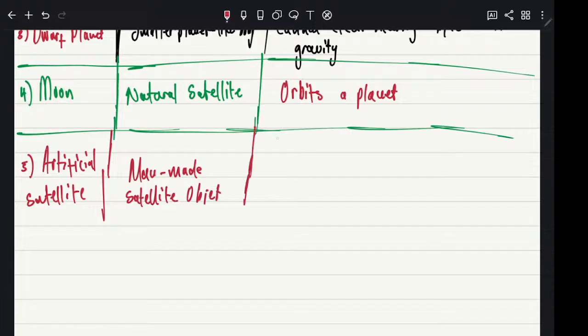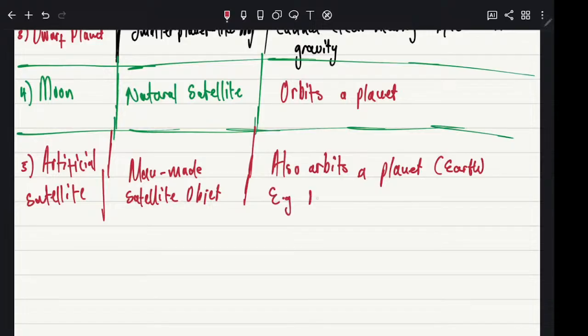What does it do? Let me say it also orbits a planet, which will be like Earth, for example, the International Space Station. Are we together?